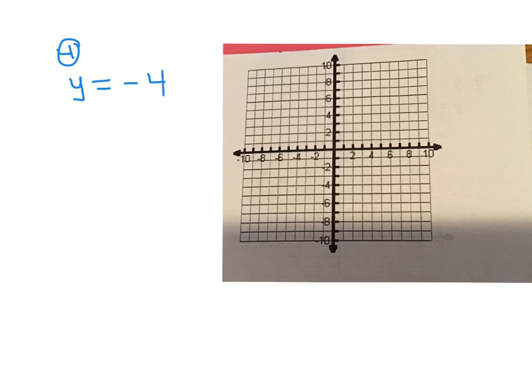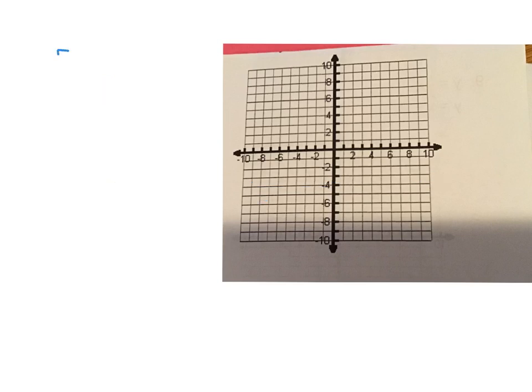This is one of those hard ones that you just have to know. Slope, y-intercept. So let's graph this one first. Y-intercept is at -4. This is the one that you just have to know. It's going to go all the way horizontal. So the slope for that is 0. And you're done. That's just one of those one-pointers.